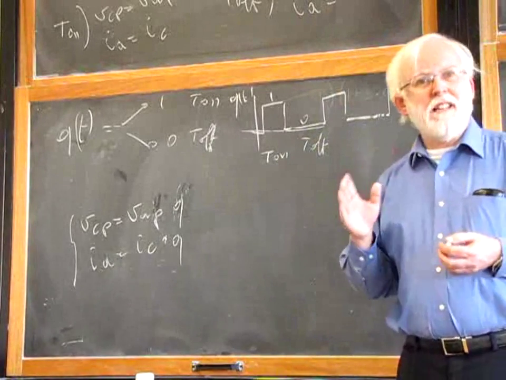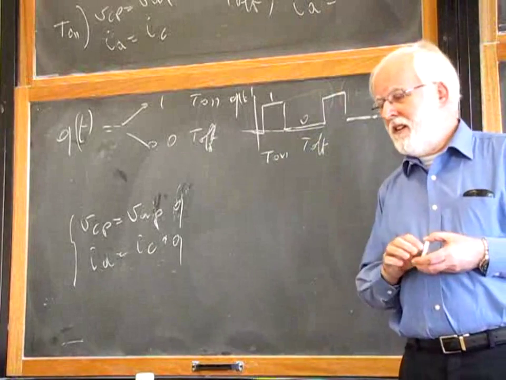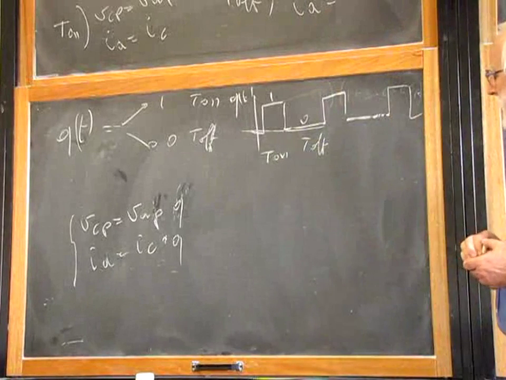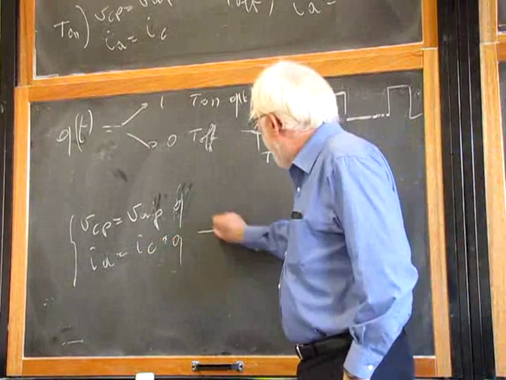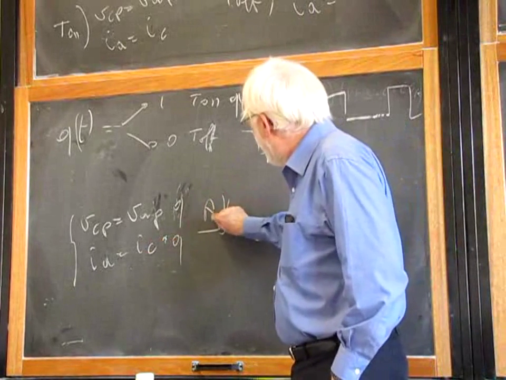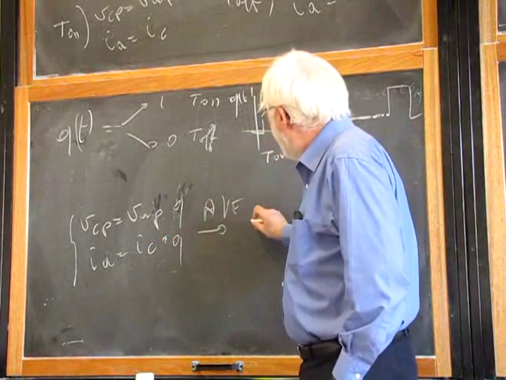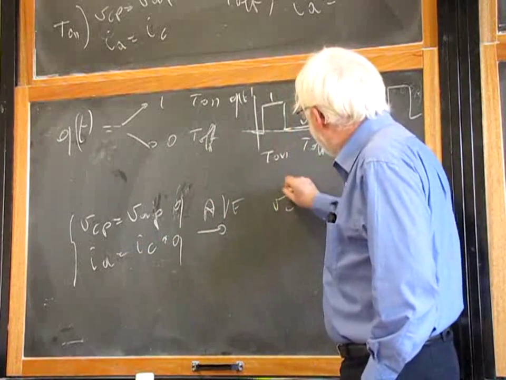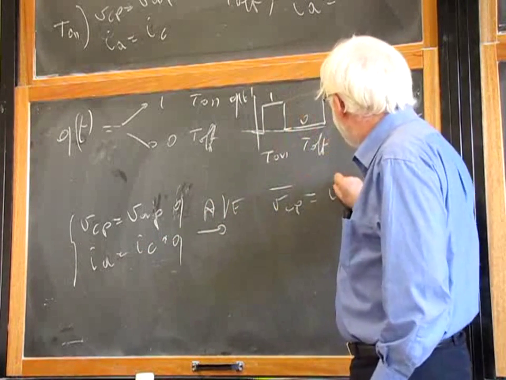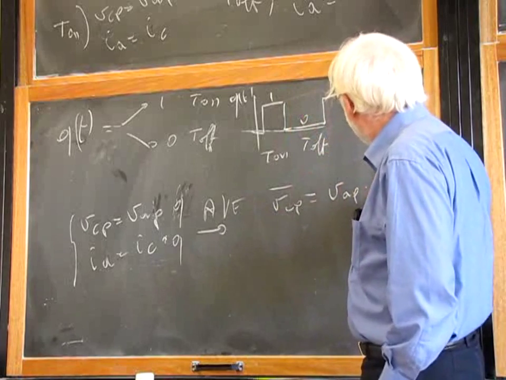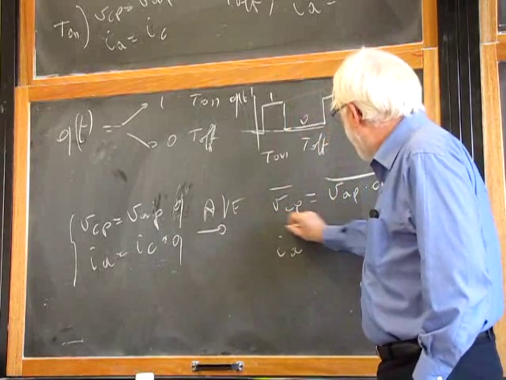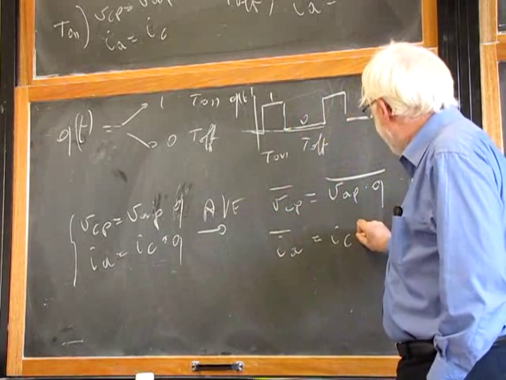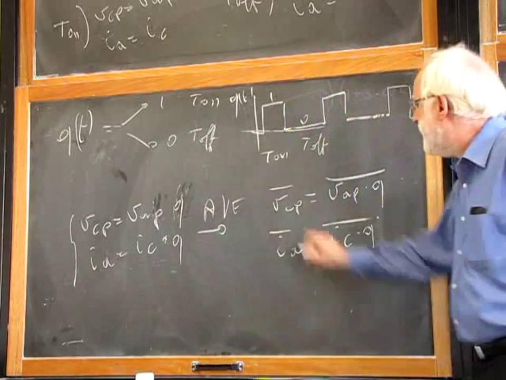We just cancel the switching frequency and all its harmonics. So let's average this stuff. We take the average, and average means that VCP average equals VAP times Q average, and IA average equals IC times Q average.